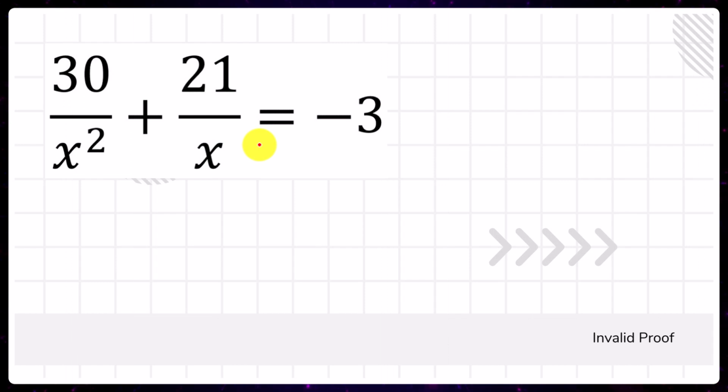All right, come back to Invalid Proof, and we're going to solve this equation. Before we start solving this, we have to make some changes to be able to start the process. The first thing I want to do is change this whole thing so that it looks more normal.